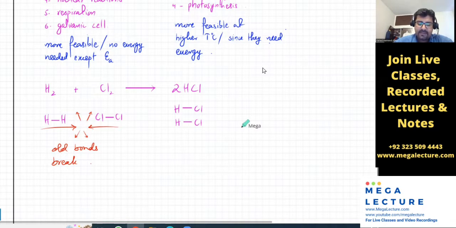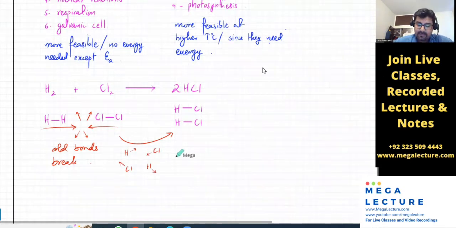And then when the hydrogen and Cl atoms have broken apart, they're all flying around, totally broken into pieces. Now they're going to randomly combine with each other and form HCl molecules, and new bonds are going to be formed. Is that clear?